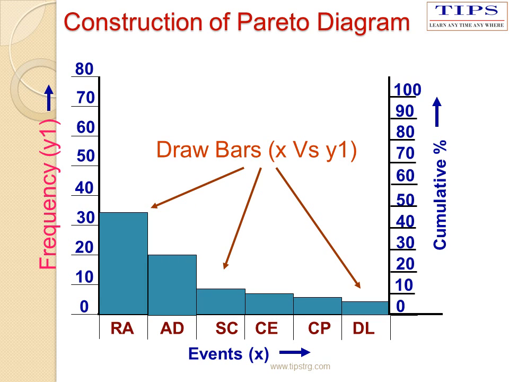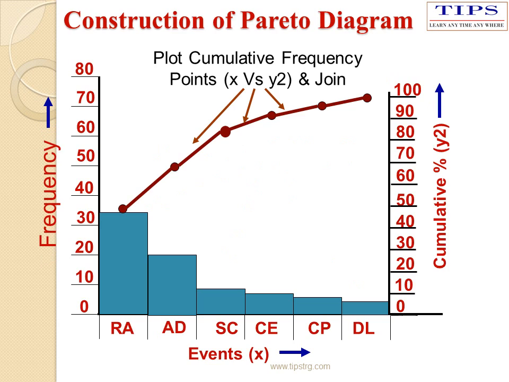Next, draw the bar chart, x versus y1. Next, draw the line chart, x versus y2. How to plot? Plot the cumulative frequency points, x versus y2, and join them.